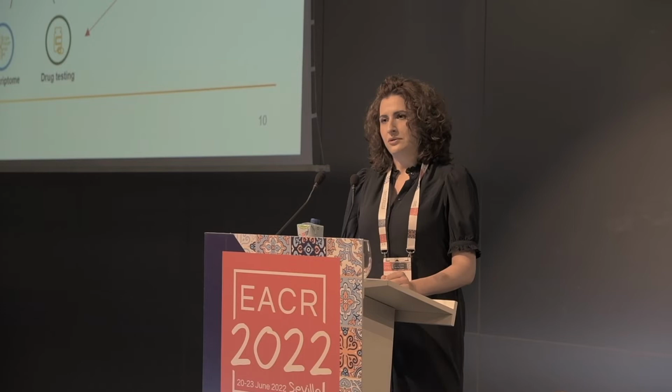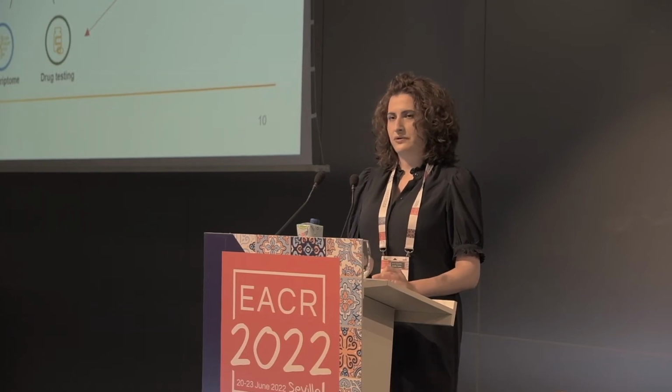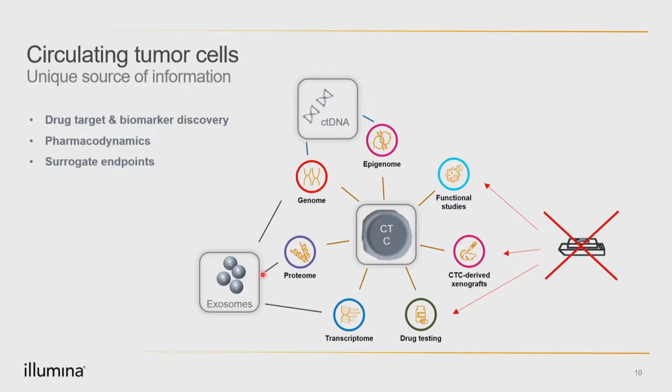And in this context, there is a very particular source of information in blood which can be analyzed, and these are circulating tumor cells. The cells detach from primary tumor or also from metastasis or from tissue of the tumor, from tumor material, and they can be found in the circulatory system.